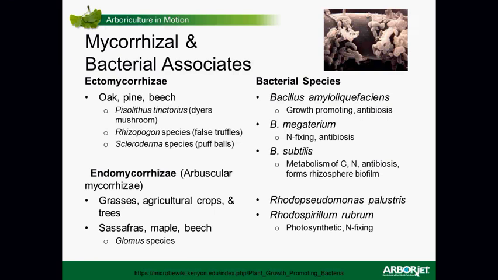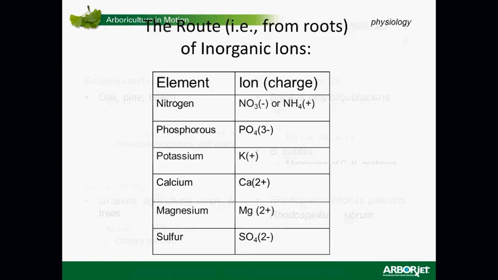They have different modes of activity to exclude other organisms, other pathogens, whether fungal or bacterial. They work by competition and antibiosis, which means they'll produce proteins that discourage things like Rhizoctonia, Pythium, damping off kinds of things. So they are protective. And then there are some neat species like Rhodopseudomonas and Rhodospirillum that are not only nitrogen fixing, but photosynthetic. So they're kind of cool.